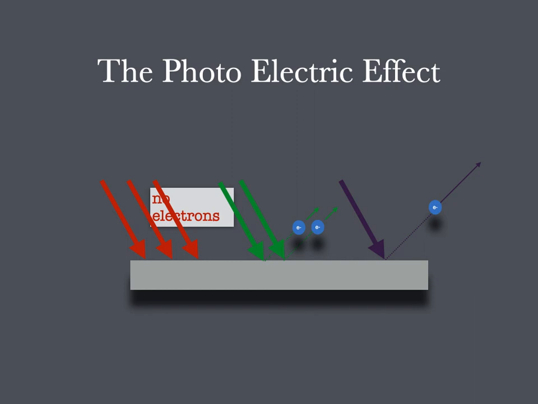So an assumption of light existing with wave properties does not explain why the intensity doesn't affect the momentum of those electron particles. What Einstein did is he built both the equations and the explanation for why this is the case: light, in fact, comes in little packets, particles of light called photons.